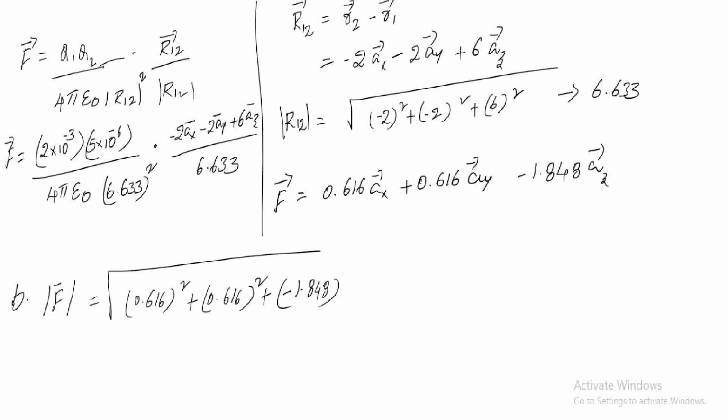So finally you are going to get 2.043 newtons. So this is the Coulomb force between the two charges. In the next class we will see the next topic. Thank you.